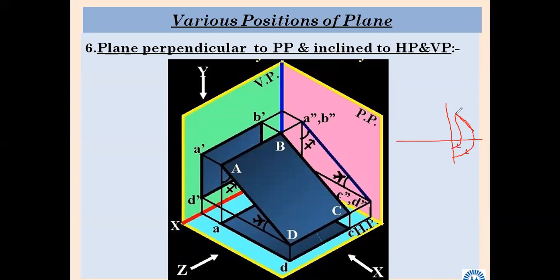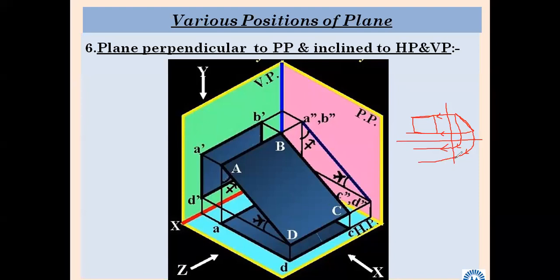Likewise arc from here, again a point, from here a line, and suppose the plane is here, some plane. So this point only we have to match. So its orthographic view will be something like this.